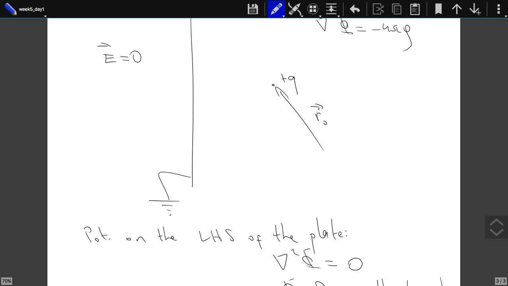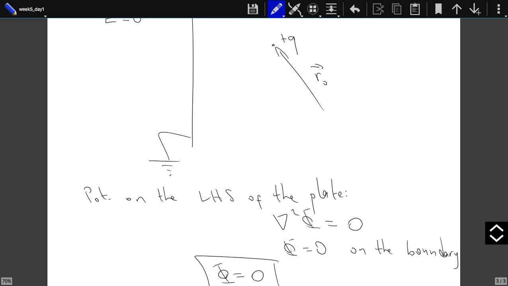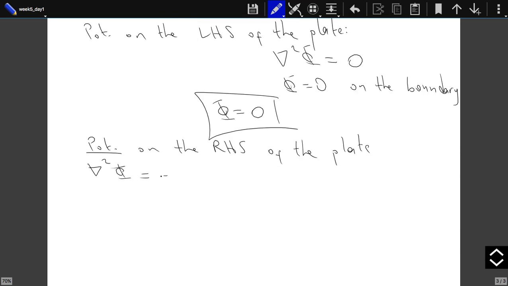The equation is minus 4 pi, the three-dimensional Dirac delta of R minus R0, Q over epsilon 0 times Dirac delta R minus R0. And phi is equal to 0 on the boundary.